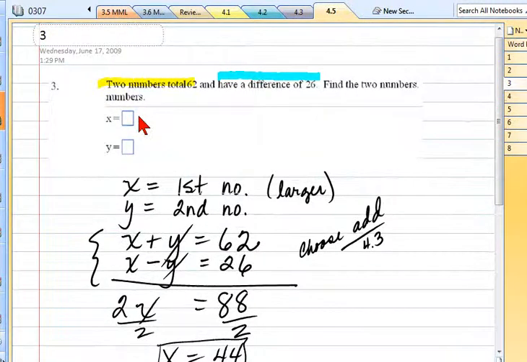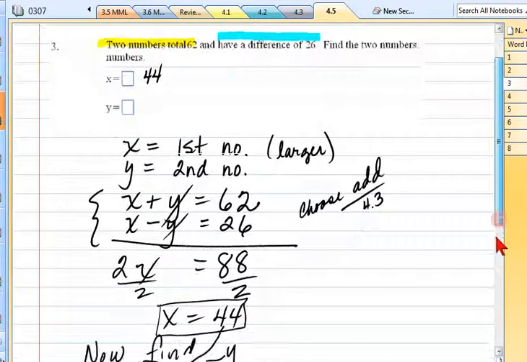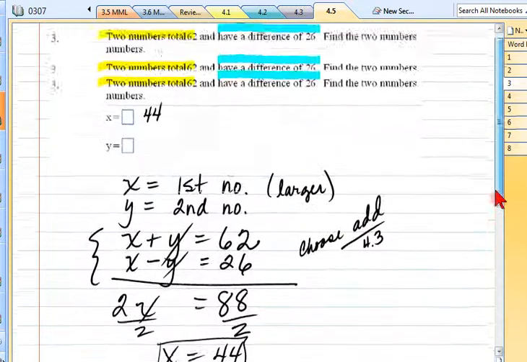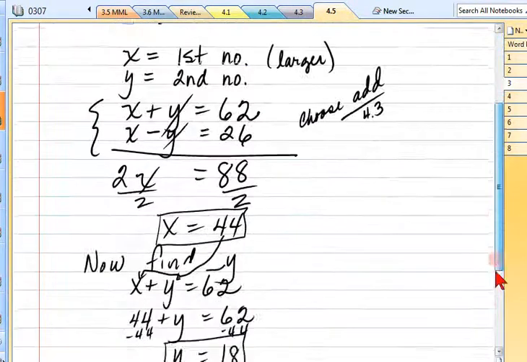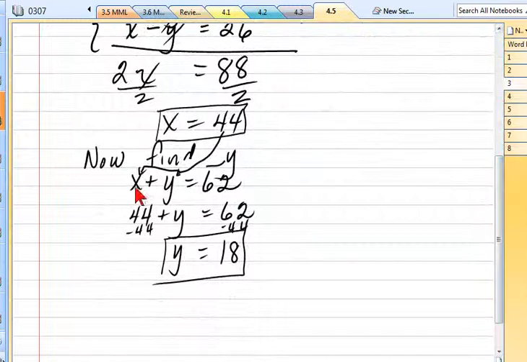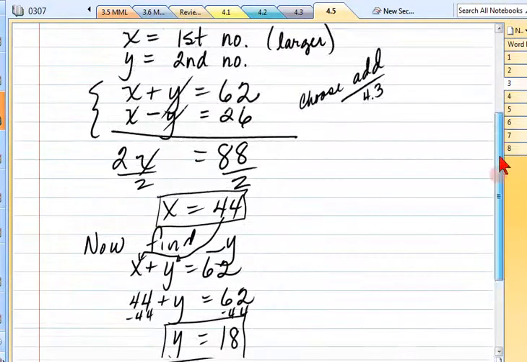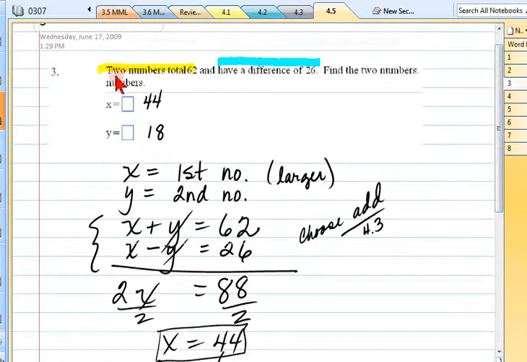And I hope that their programming allows you to put either one in either place. 44 and, no, y was 62. y is not 62. When I started off, the original sentence said the total is 62. Okay? So, 44 and 18.